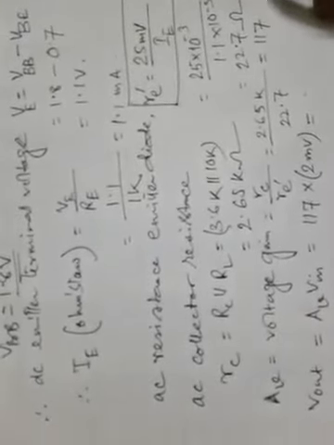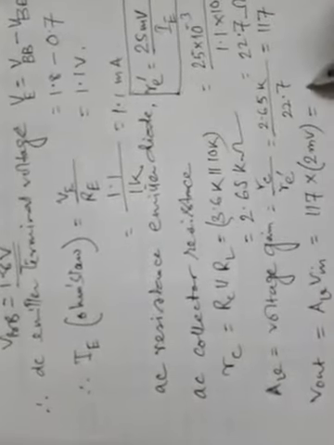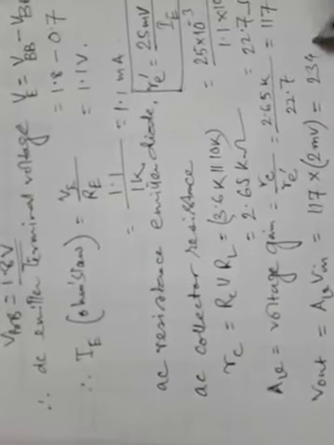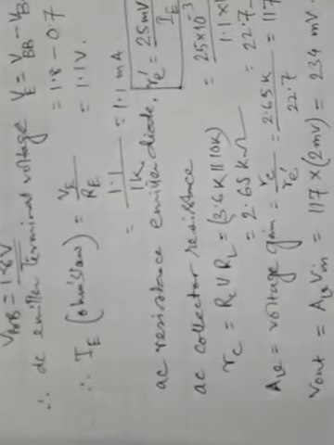So output voltage should be 117 into, what is the Vin given in your problem? It is 2 millivolt. The voltage gain is a ratio, so it will not have any unit. So this result will be 234 millivolts. So this will be the output voltage.